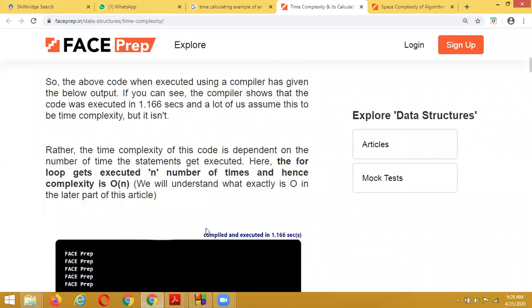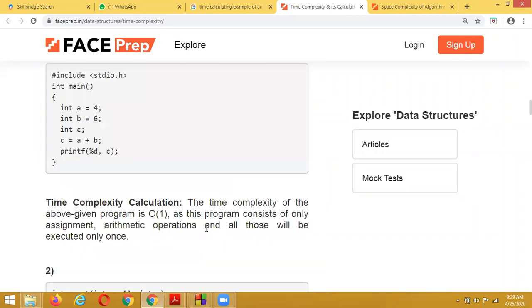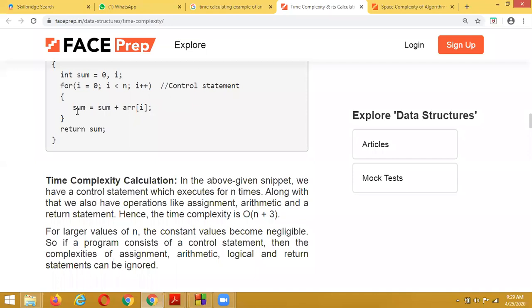And when do we indicate O of n plus 3? Here we do not have a print statement. The output is assigned to sum, and the output is returned using one return statement. While assigning, the operators used are the assignment operator and the plus operator, plus a return statement.